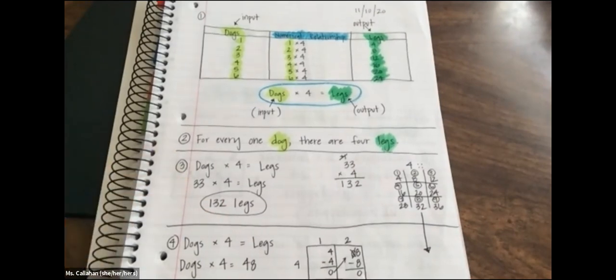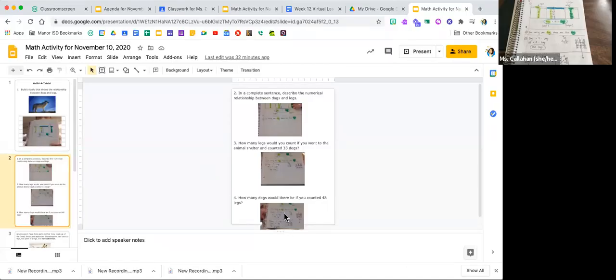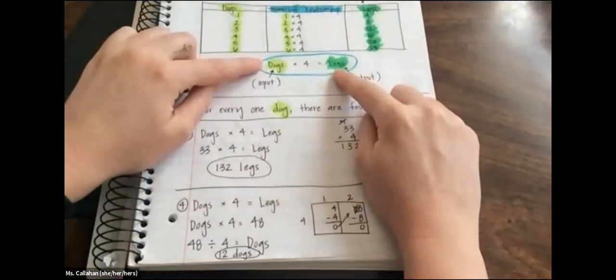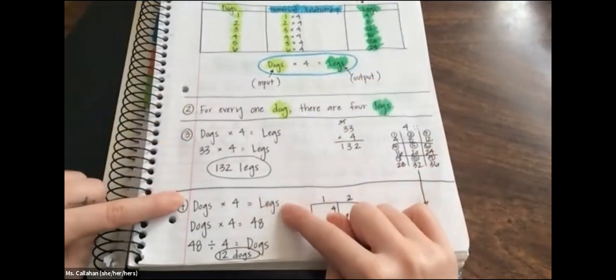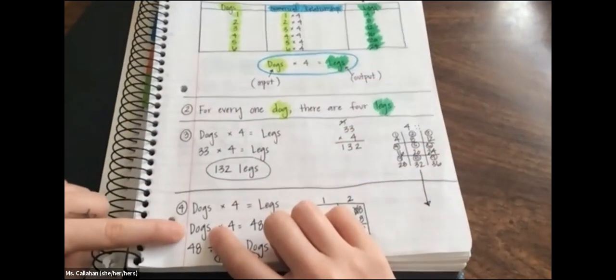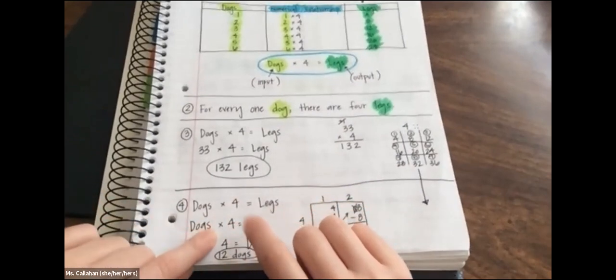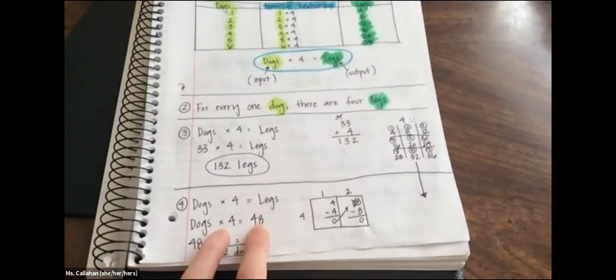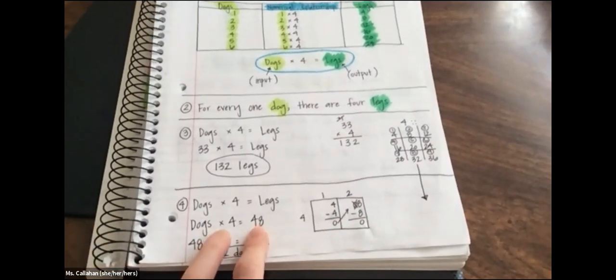Now for number 4, we had to find how many dogs there would be if we counted 48 legs. So we had to do a little bit of reverse in this one. What we did is the same step. We copied our rule down, dogs times 4 equals legs. We don't know how many dogs, but we did know that there were 48 legs. So then we had to do the opposite of multiplication here.